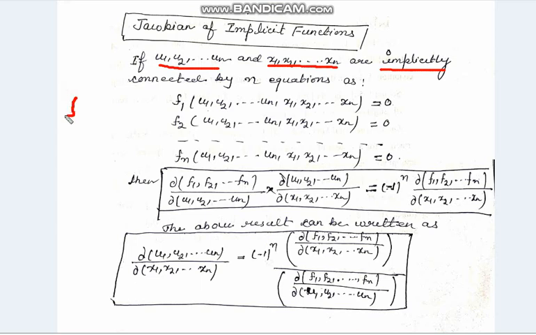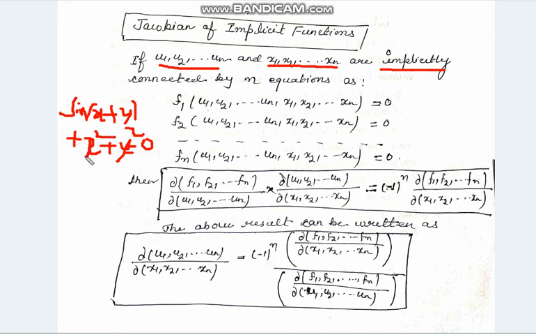For example, if we write sin xy plus x plus x square plus y square is equal to 0, we cannot write x in terms of only y or y in terms of x only.